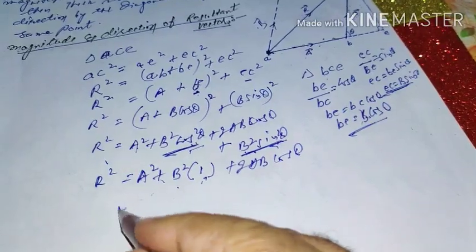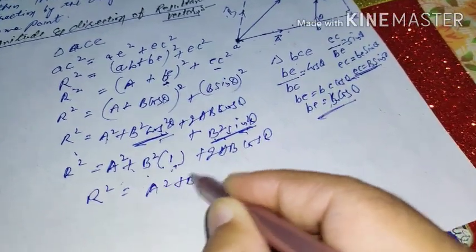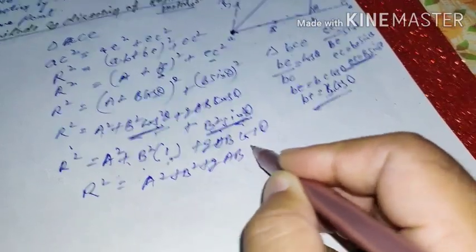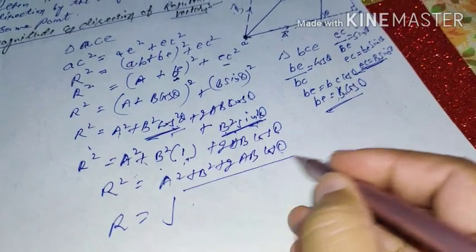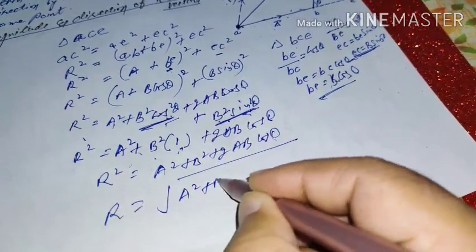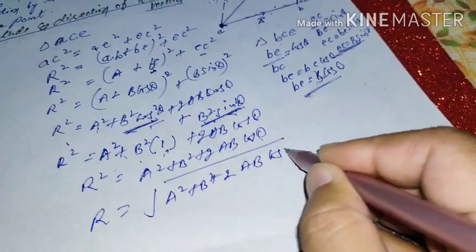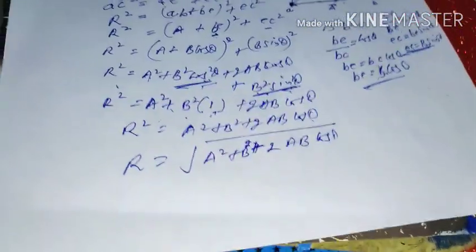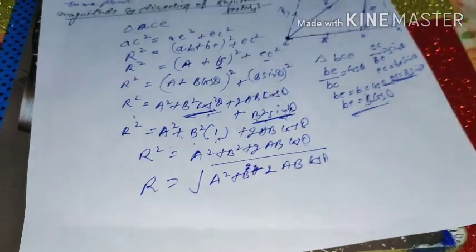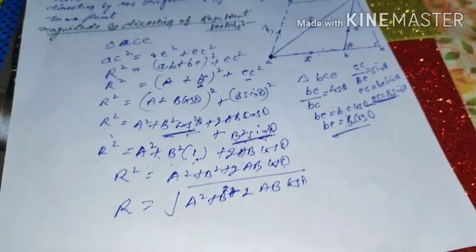So your resultant will become: square of R is A square plus B square plus 2AB cos theta, or resultant R is under the root A square plus B square plus 2AB cos theta. So using this formula, you can calculate the magnitude of the resultant of two vectors.